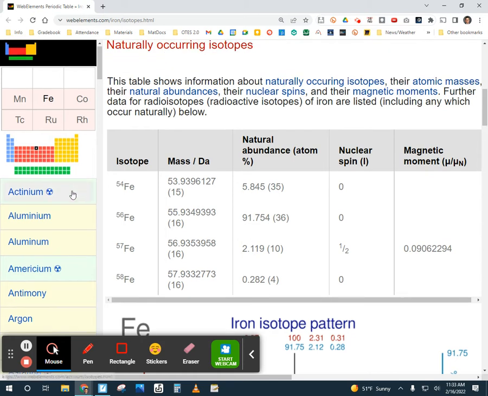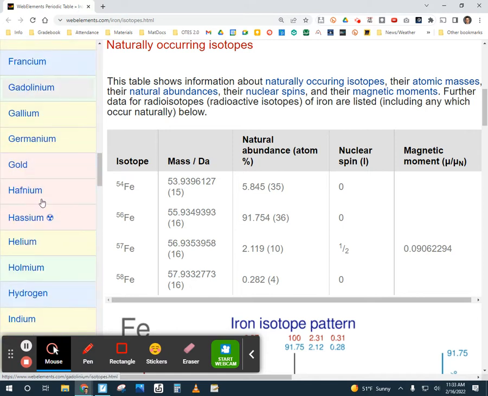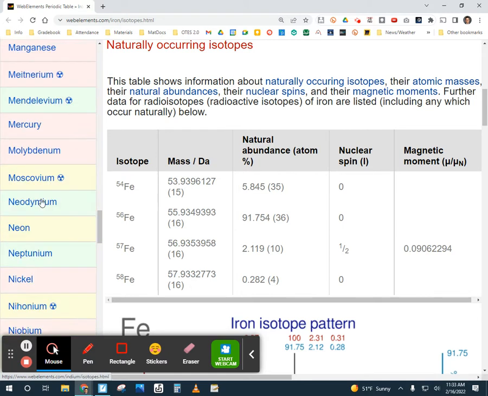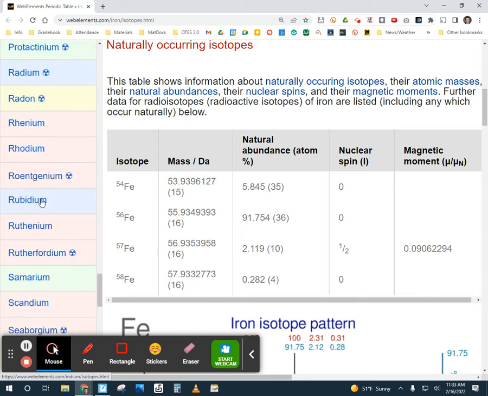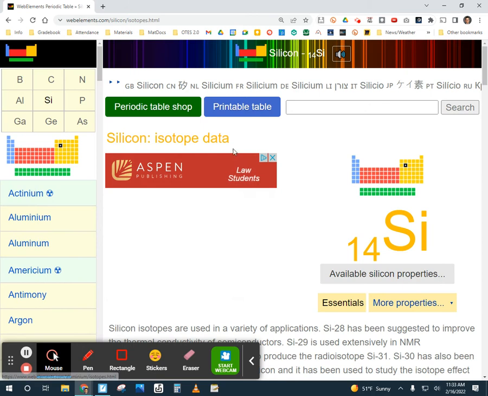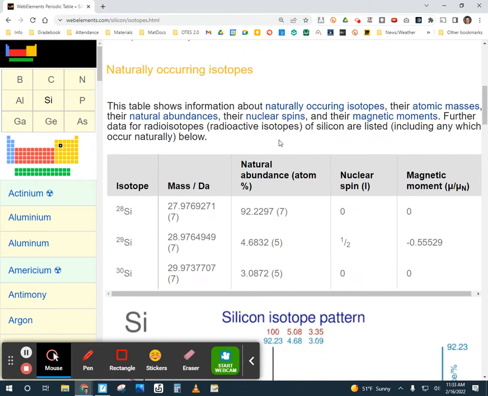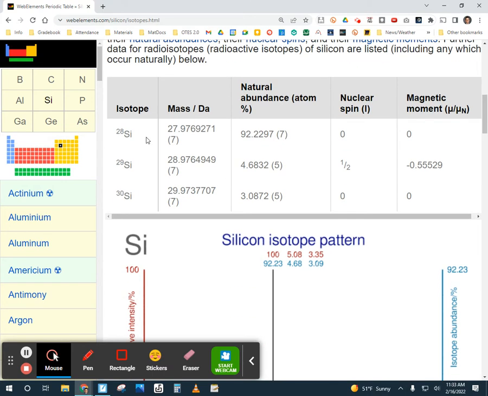So if you get to this page and you scroll on the left-hand side, we've got an alphabetical list of elements. I'm going to find silicon. And there it is. All right, so for silicon, we have 3 isotopes.